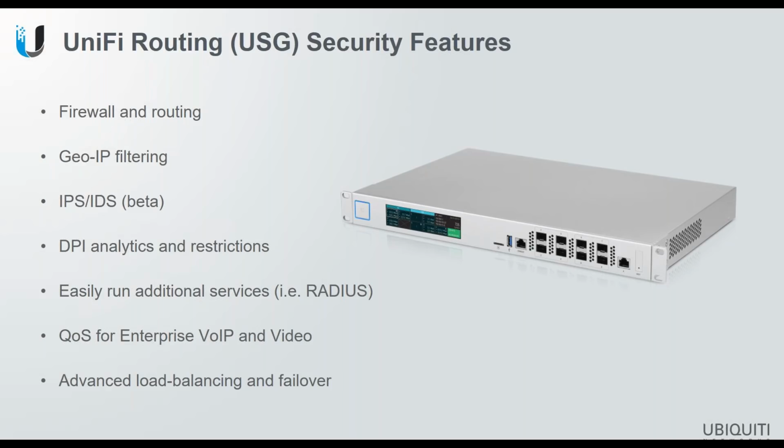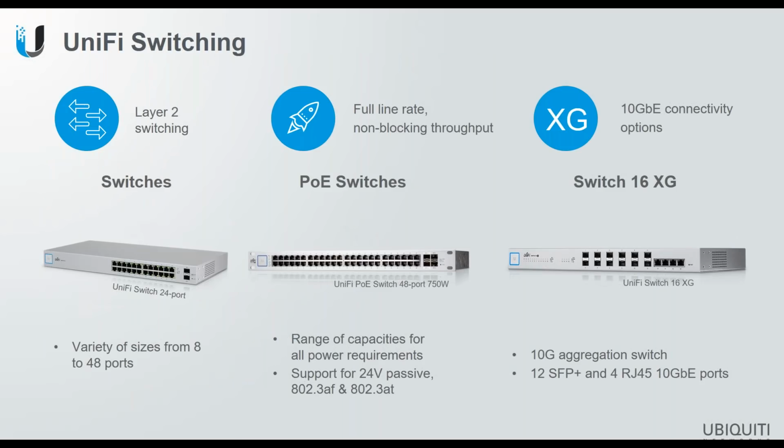In switching, all right, we've got a range of switches available. In Unify, basically everything is layer 2 switching, and all the switches have full line rate with non-blocking throughput. So if you've got 24 gigabit ports, that switch can do 24 gigabits of switching, all right?